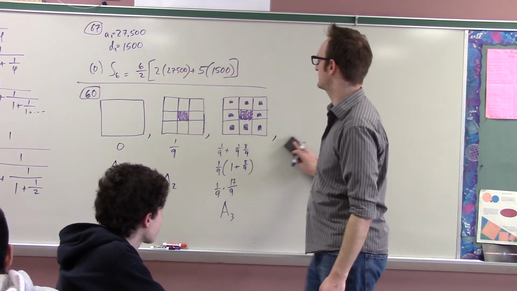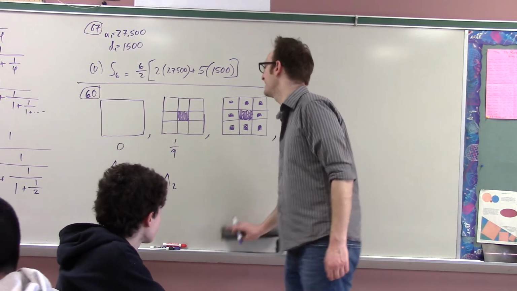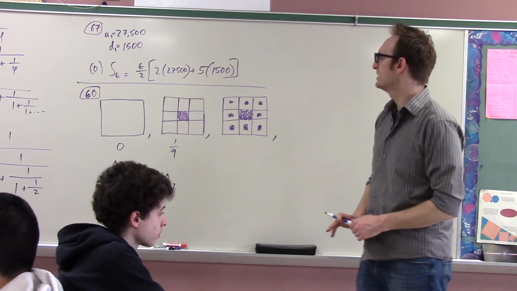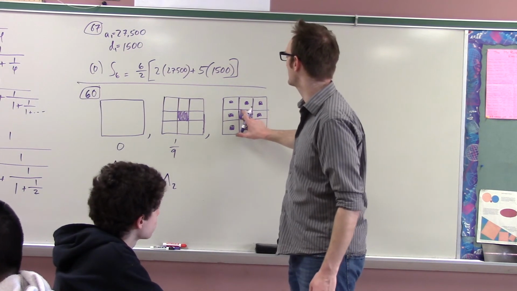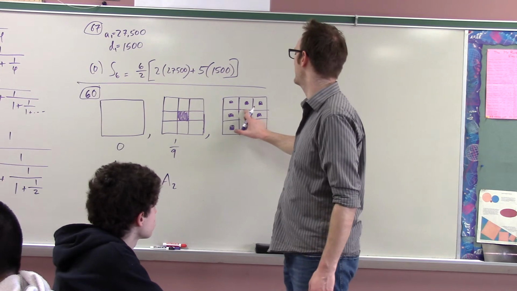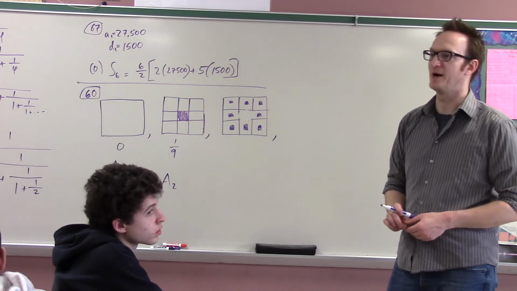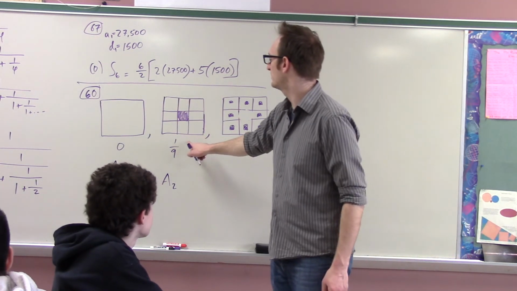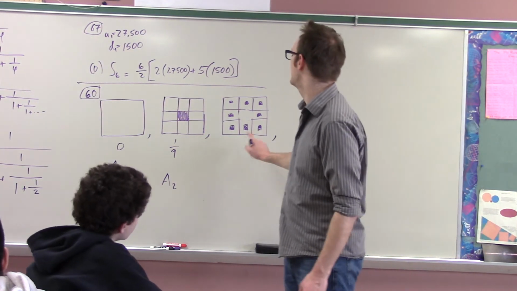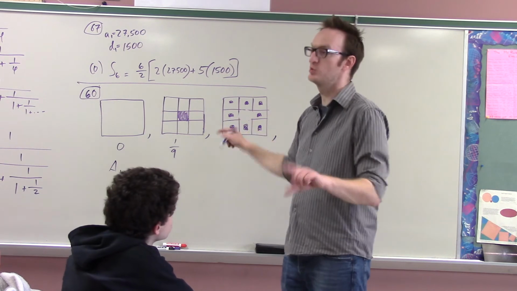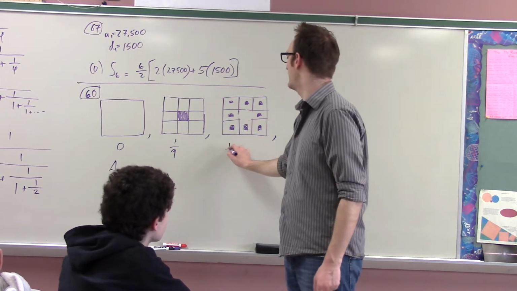So let's try this again. Let's make the sequence how much was newly shaded in each step. So in this step, 1/9 was shaded. In this step only, how much new stuff was shaded?